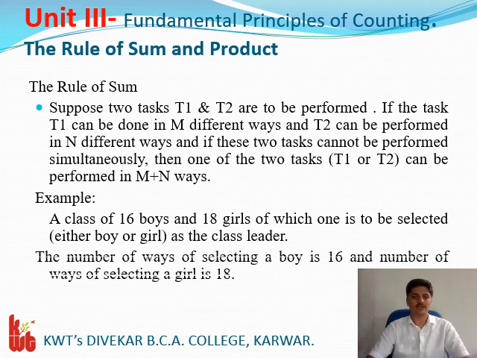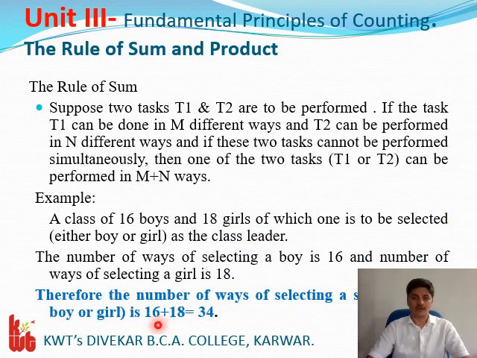The number of ways of selecting a boy is 16. So I have 16 ways to select a student as a leader from boys. Similarly, I have 18 ways to select a student as a leader from girls.